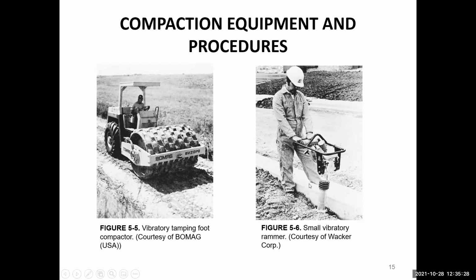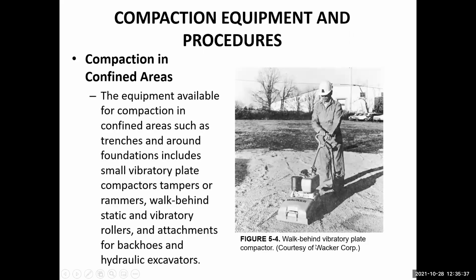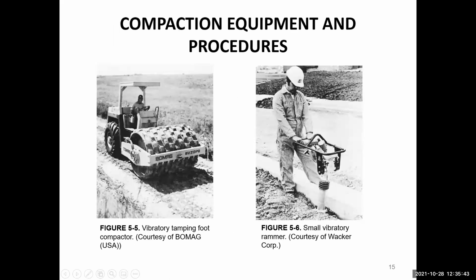In this case, this is different from the previous case, which was the vibratory plates. A plate is used for the vibration and compaction, but here a ramming action is used. That means it is a more pointed type of action, which is applied from one point to another point.